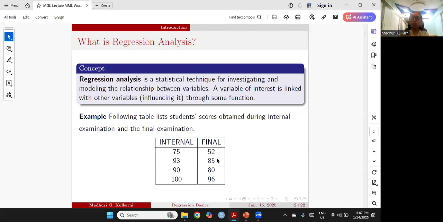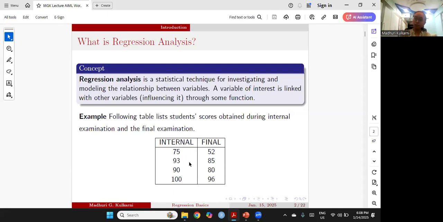Usually if the internal score is very low, students tend to study more for the final exam. They become more serious and try to work harder in order to get a better score. So we can safely say that if a teacher or a person is interested in knowing what can be the final score of a student in the subject, then he can very much relate it to the internal score of the same student in the same subject.